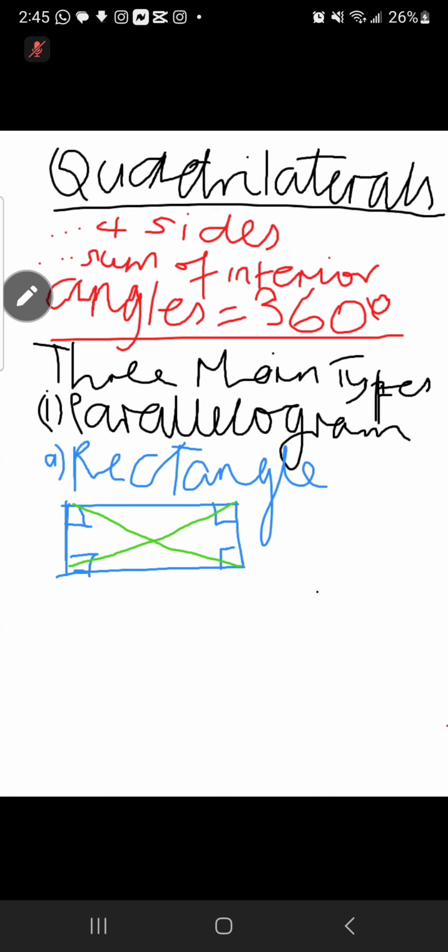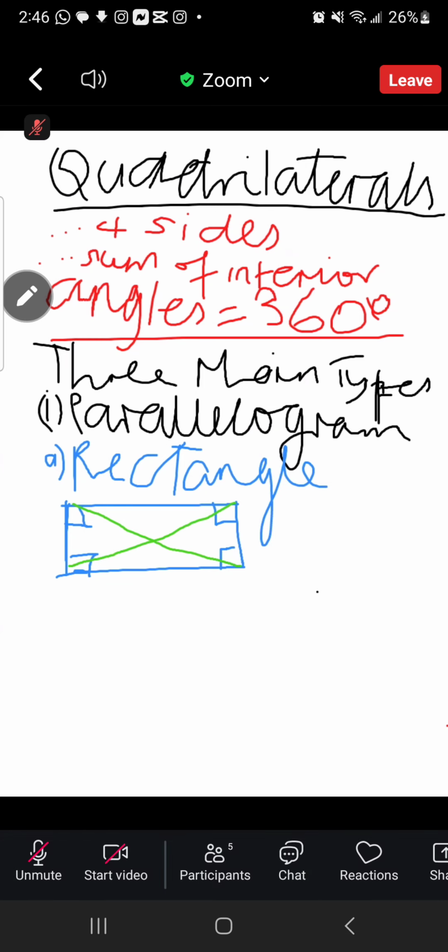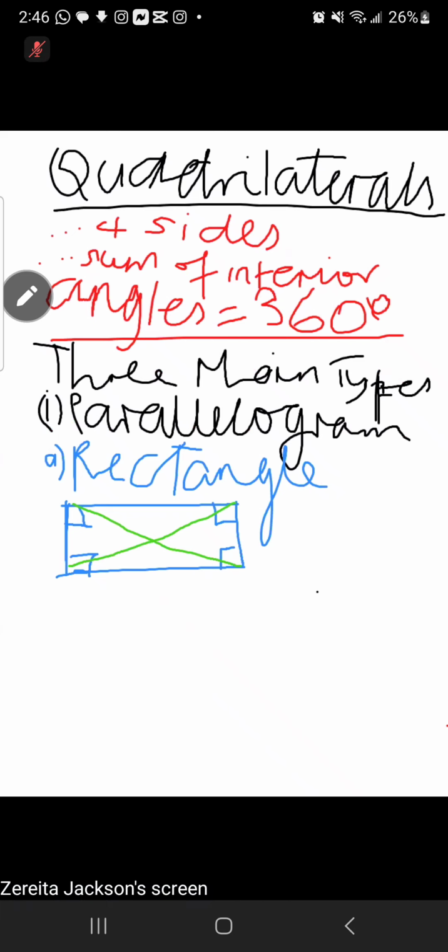So if you were to draw a rectangle accurately, put your ruler across from one corner to the other corner, and put the ruler from the other corner to the opposite corner, you'll find that those distances, that's what we call the diagonal. So the rectangle has two diagonals, and the length of the diagonals are the same. It doesn't happen for every quadrilateral, but this is it for the rectangle.